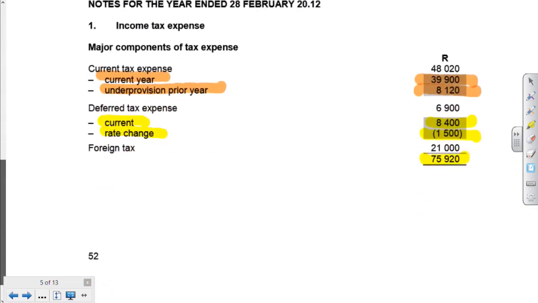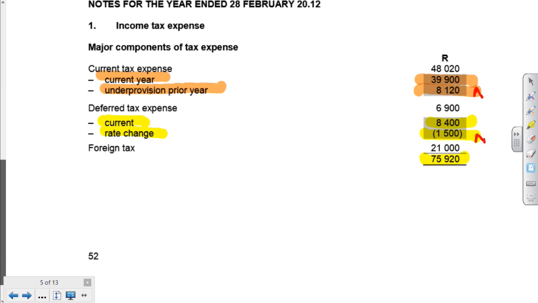Whatever numbers you've put in here, you put the exact same numbers in the exact same direction into your recon. So we've got an under provision which is a plus, and a rate change which is a minus.